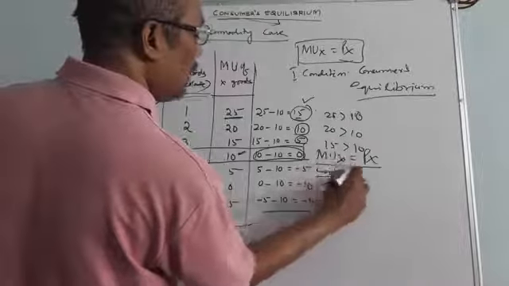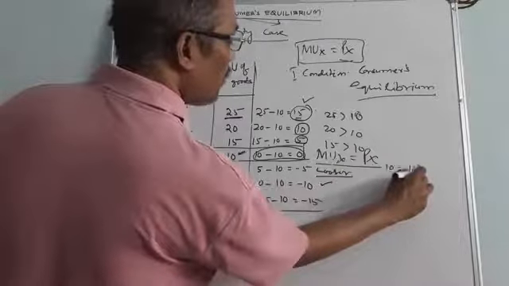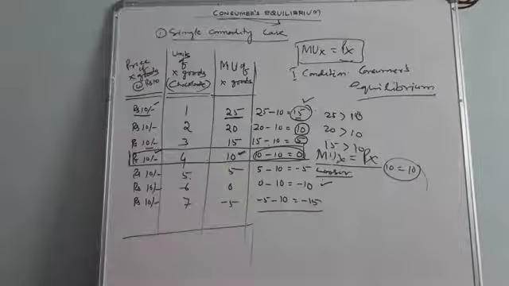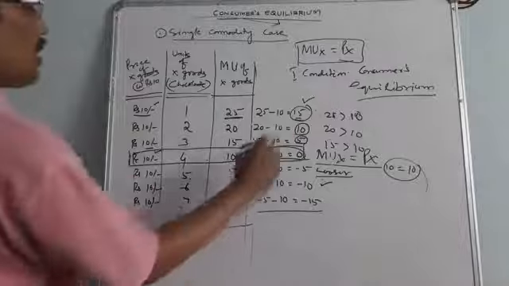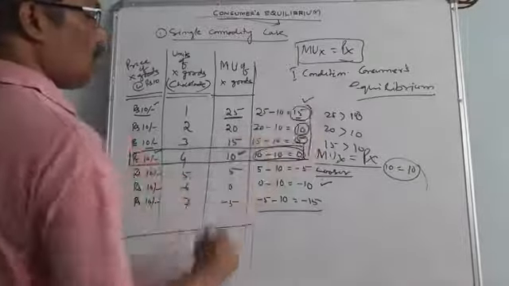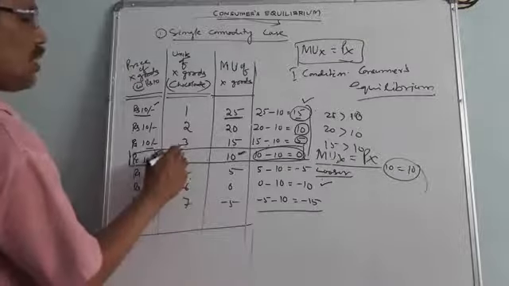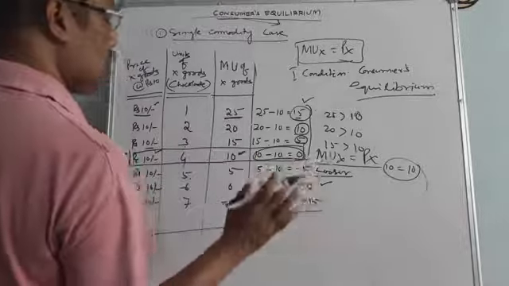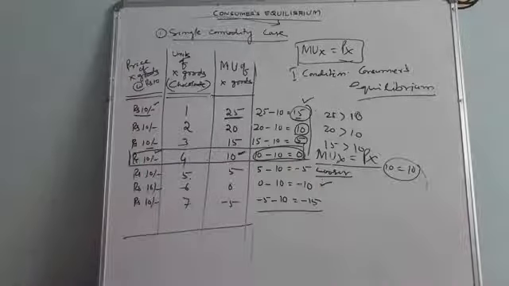But here it is 10 equal to 10. It means the consumer is gaining more up to the third unit, and in the fourth unit the marginal utility of X equals the price of X.